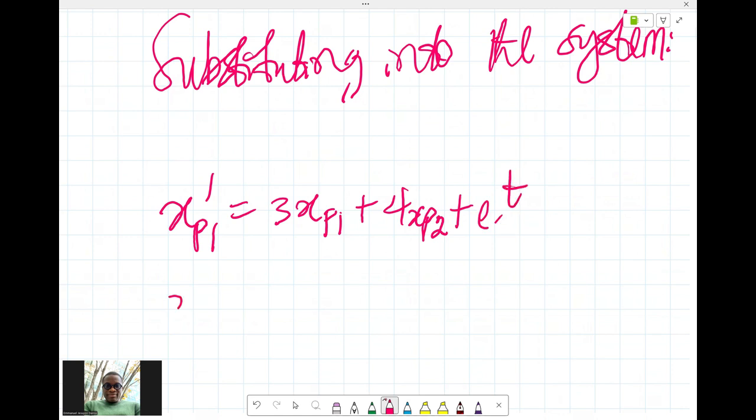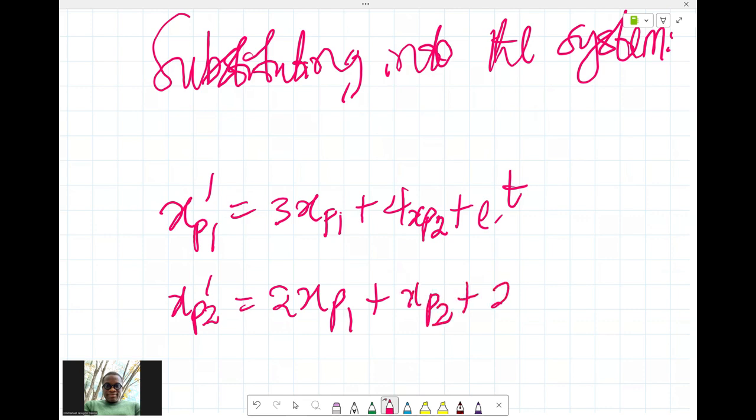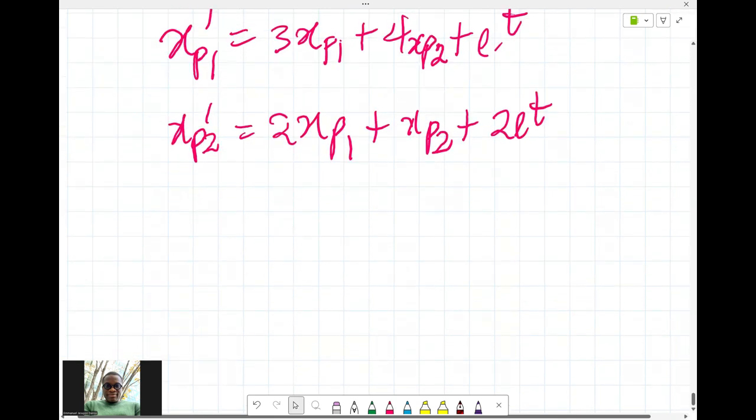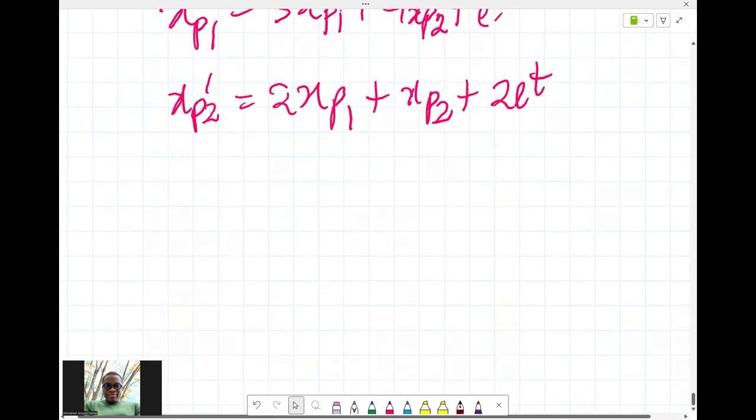Then we have xp2 equals 2xp1 plus xp2 plus 2e raised power t, so that we can now substitute all of these things here.